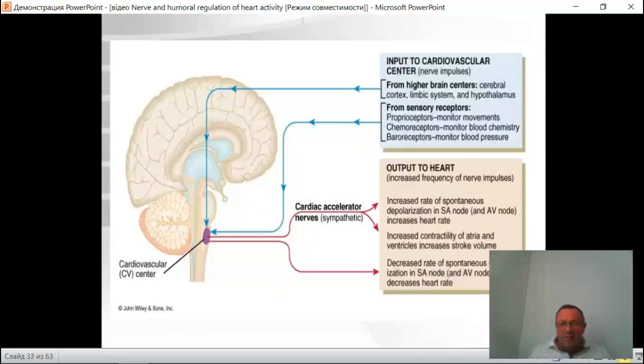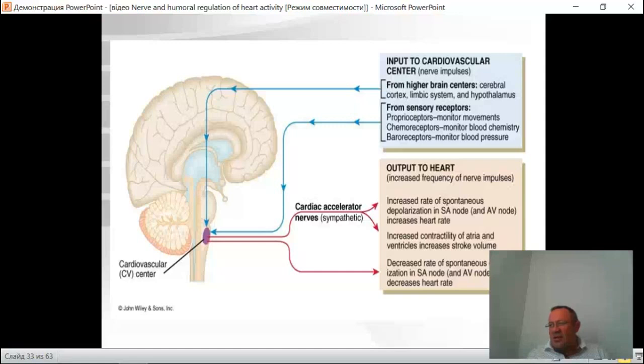On the scheme, you can see the result influences the cardiovascular centers, and the tables show the input of the cardiovascular centers: nerve impulses from higher brain centers, the cerebral cortex, limbic system and hypothalamus.